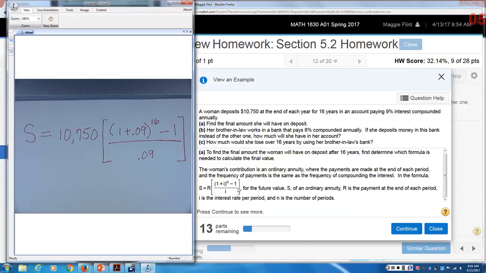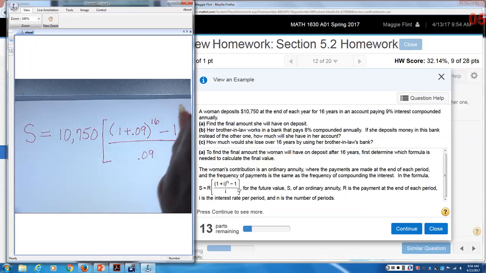Can you see that any better? I think it may be the light. Let me see if I can do this. Does that help at all? Yeah, I can see it a little bit better now. I can actually see it, yeah. Okay. So none of that's negative.